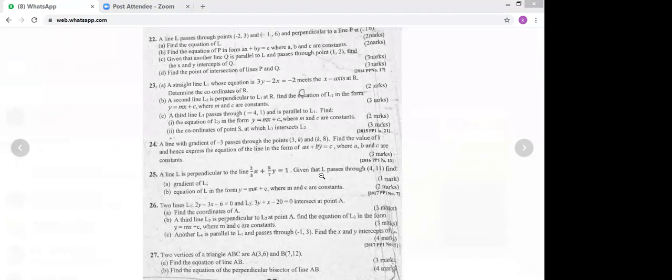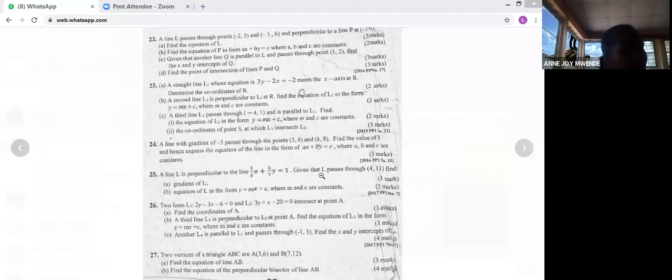Cross multiplying, 3(x + 2) = 1(y - 3), so 3x + 6 = y - 3. Taking -3 to the other side, y = 3x + 6 + 3, so y = 3x + 9.